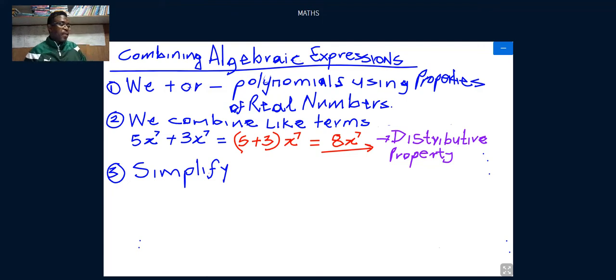And now we are about to discuss how to use expressions. So now I am talking about combining algebraic expressions. It is what they normally ask you, for instance, they would give you an expression and ask you to simplify.